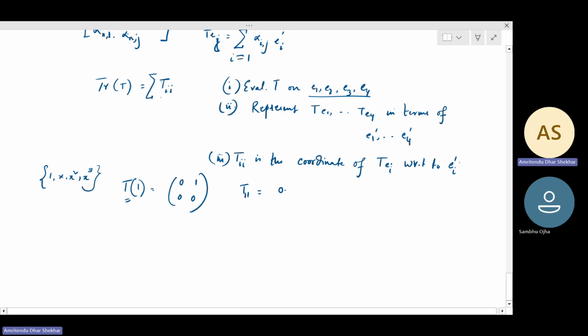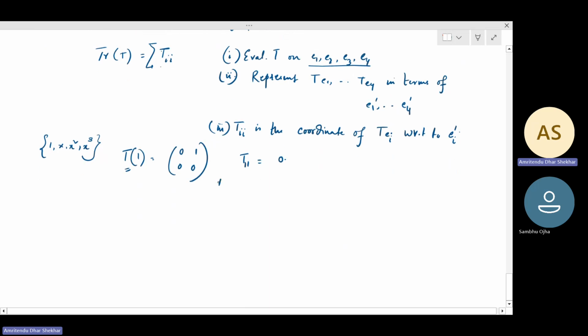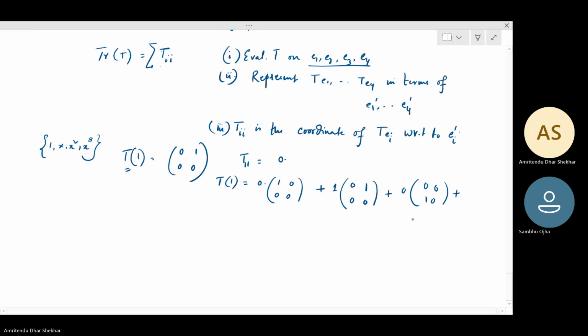Because you can write this: T1 is basically equal to 0 times this matrix 1, 0, 0, 0, plus 1 times this matrix 0, 1, 0, 0, plus 0 times 0, 0, 1, 0, plus 0 times 0, 0, 0, 1.